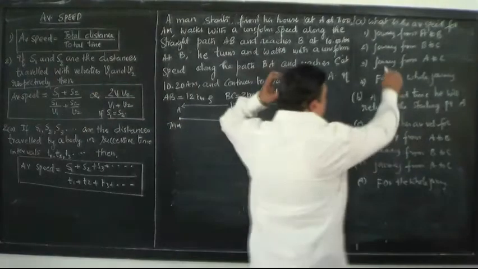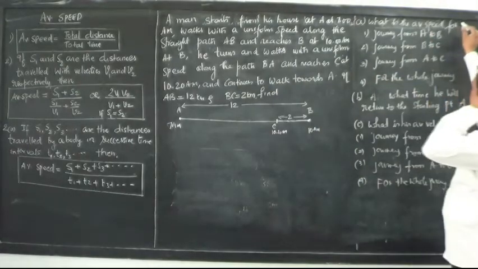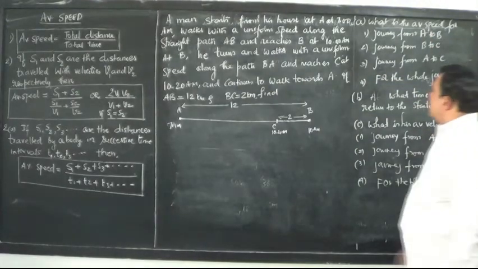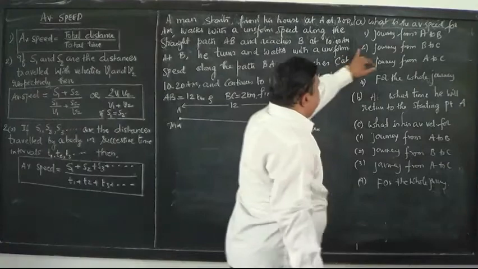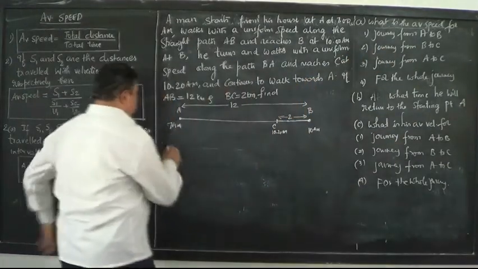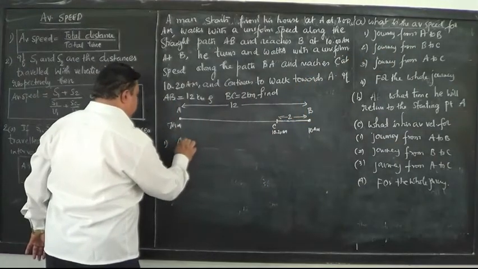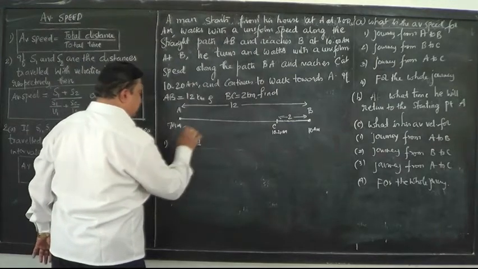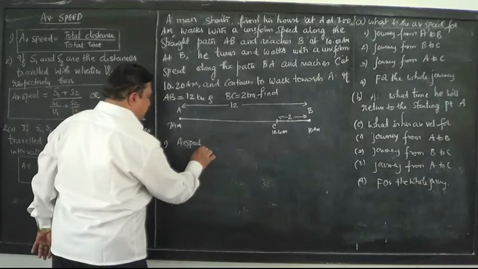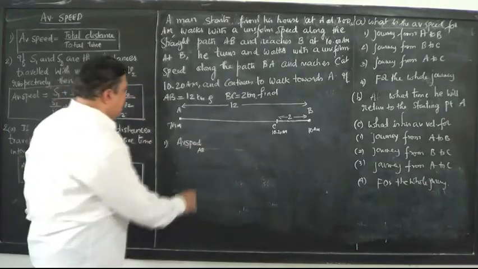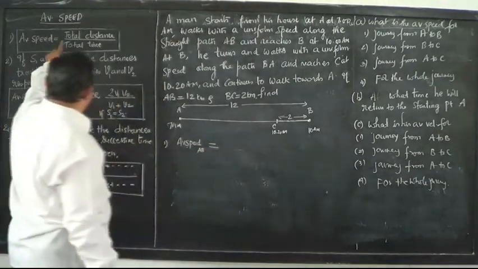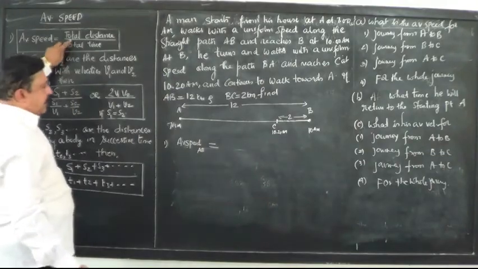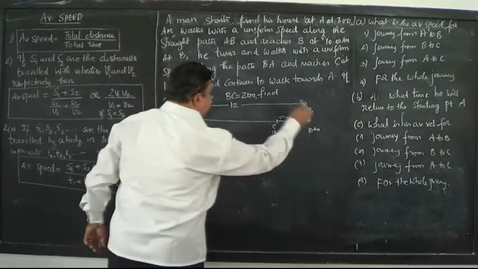Okay, first, let's talk about average speed. What is the average speed for the journey from A to B? This is for the journey from A to B. You know, the basic formula for average speed is total distance over total time. What is the total distance from A to B?